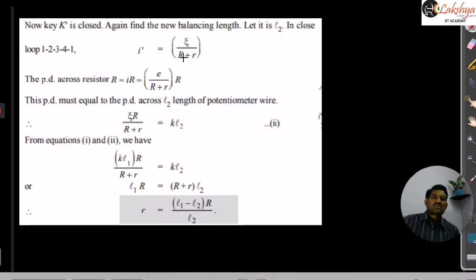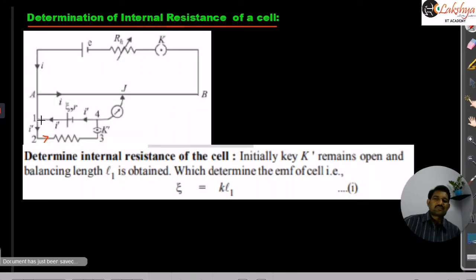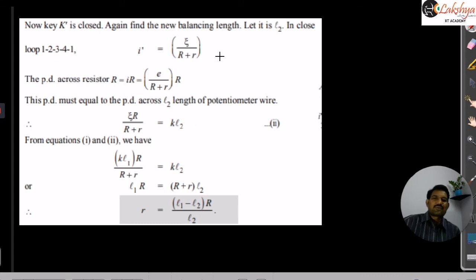Now that I dash value we write here. The current in this small secondary circuit we can write as E by R plus r, where R is the resistance and r is the internal resistance.